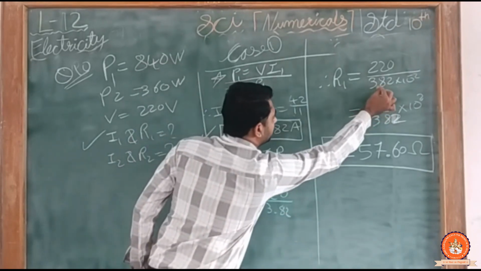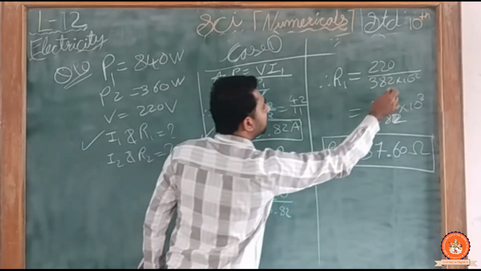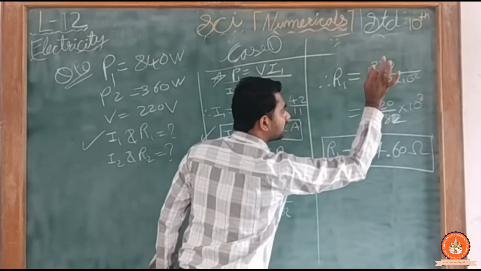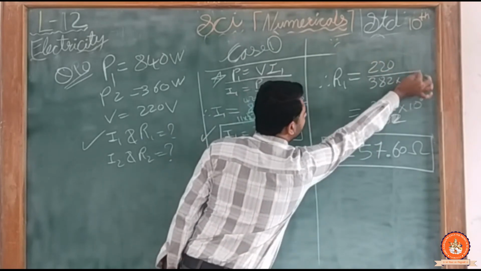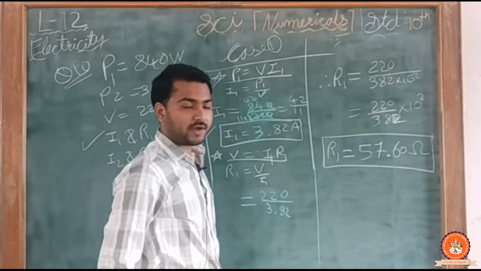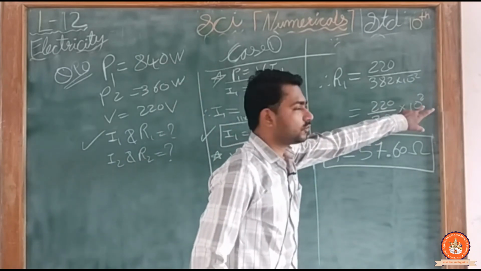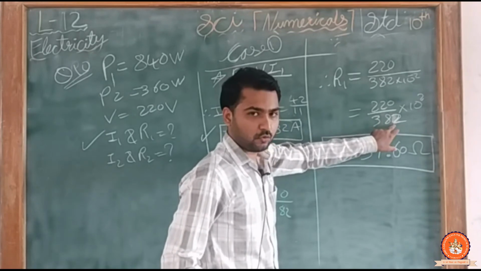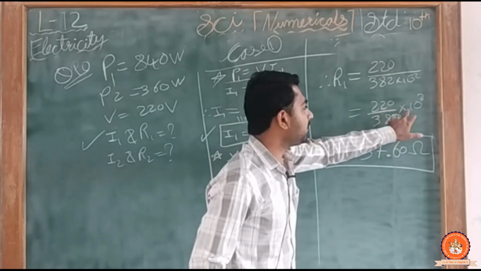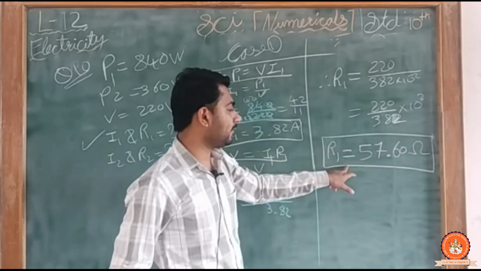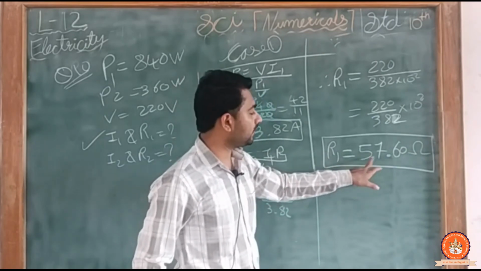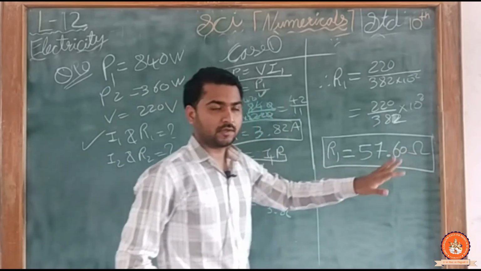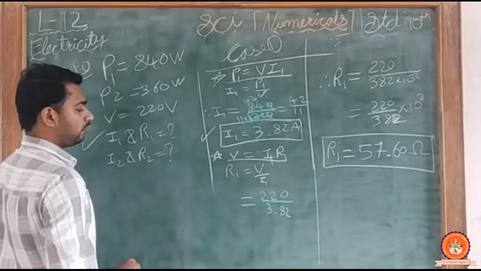Taking 2 decimals on the right side, it becomes 10 raised to minus 2. Okay students, now taking this 10 raised to minus 2 above to the numerator, it becomes 10 raised to 2. Now solving 220 divided by 382 and multiplying by 10 raised to 2, I will get my answer R1 is equal to 57.60 ohm. Clear? This is our case 1.